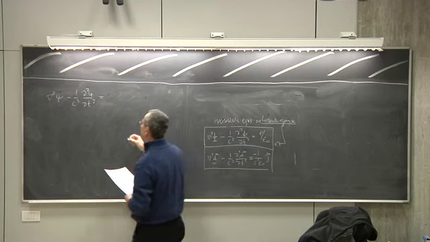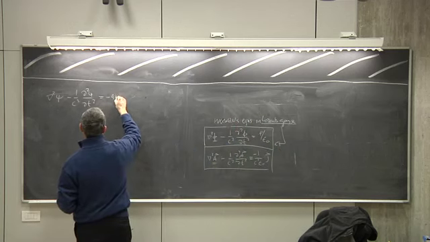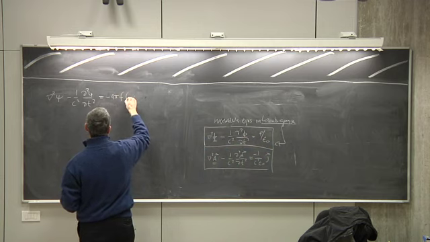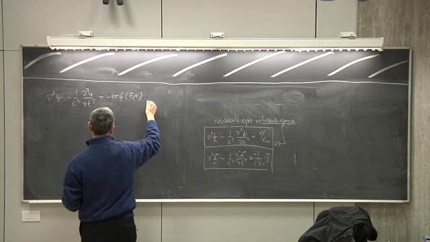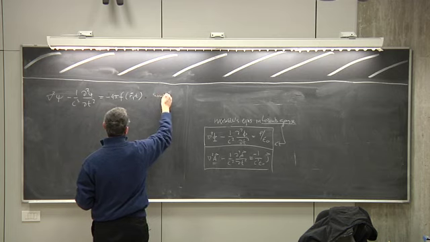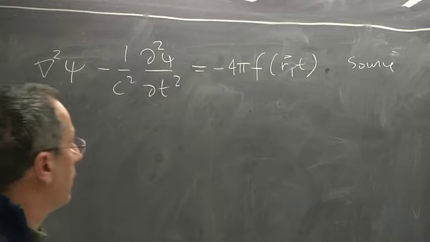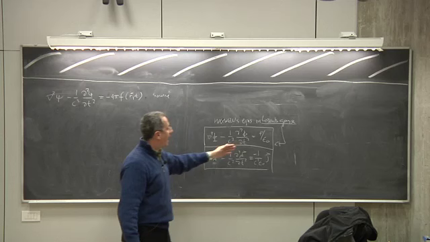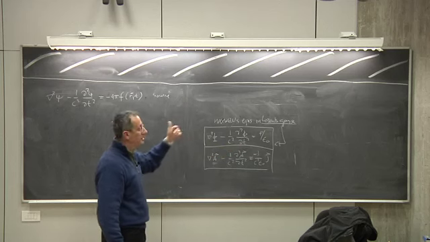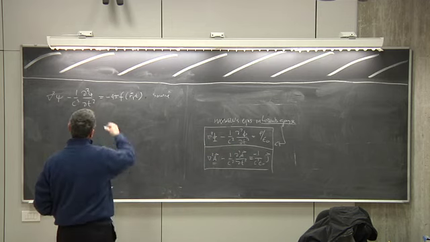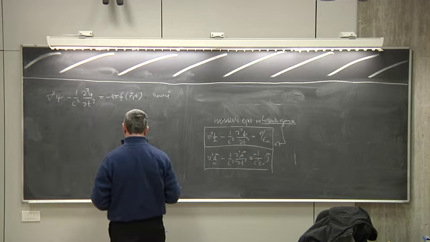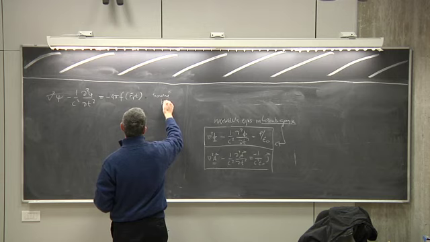Now, because there are many 4 pi's going around, let me call the source any function of r and t. Let me pull out a 4 pi because I always get 4 pi's, and that's actually the reason why the Gauss system is nicer than the international system. But it doesn't matter. Let me put 4 pi. So this is the source, and this is known.